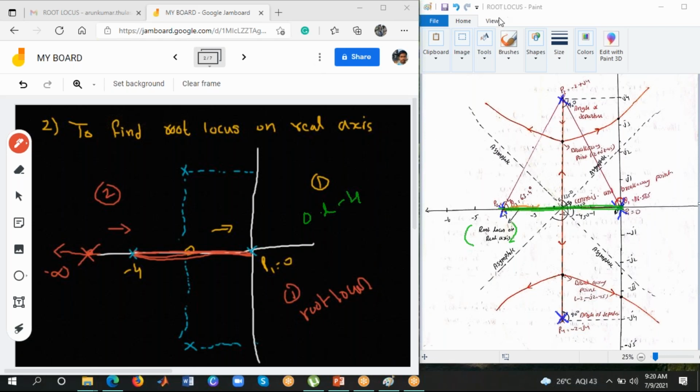Right, so completed. So we have only one root locus, that is in between 0 and -4.